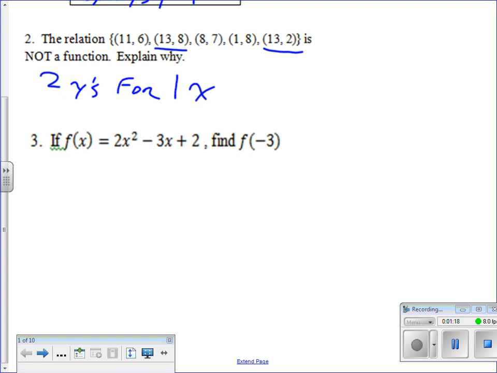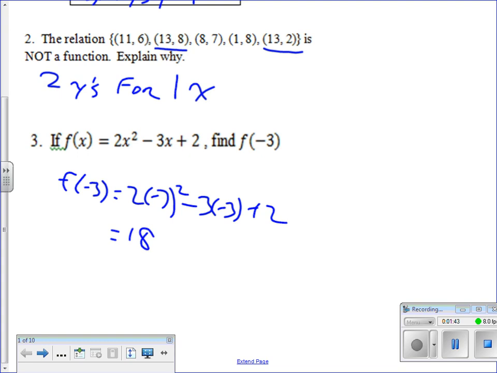For the next one, this is really kind of easy. Find f of -3. So f of -3 is 2 times -3 squared minus 3 times -3 plus 2. Take x, replace it with -3. Now, -3 squared, that's 9. 9 times 2, there's 18. -3 times -3, that's plus 9.